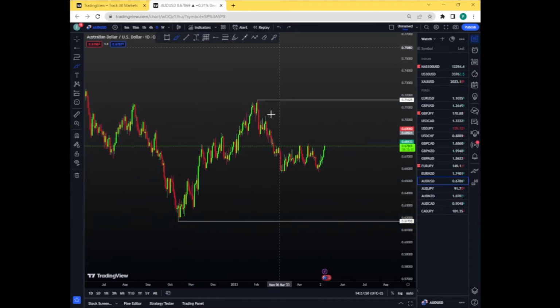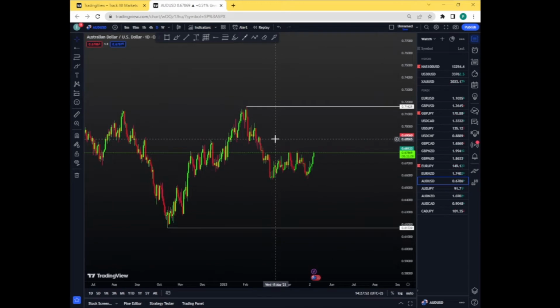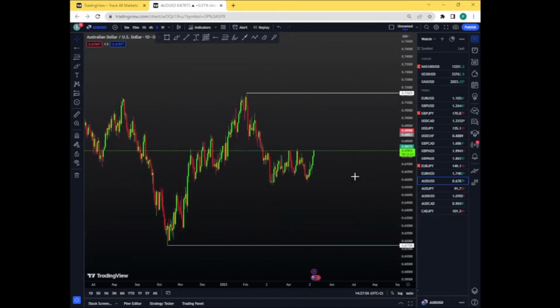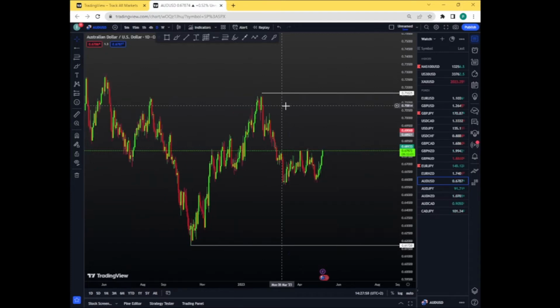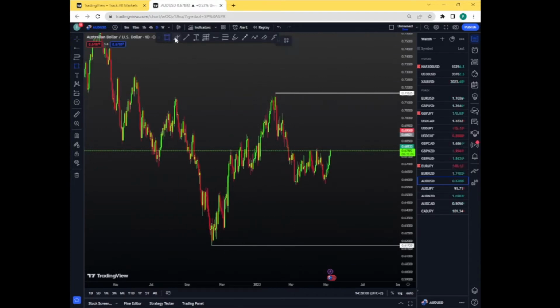Since we understand that price is ranging between this high and this low, now what we are going to do is ask ourselves, where did this high react from? That's when we look left and identify where this high reacted from.